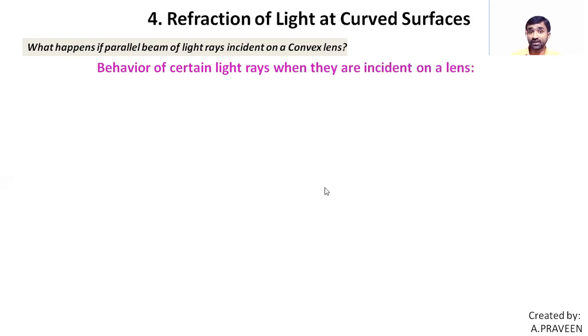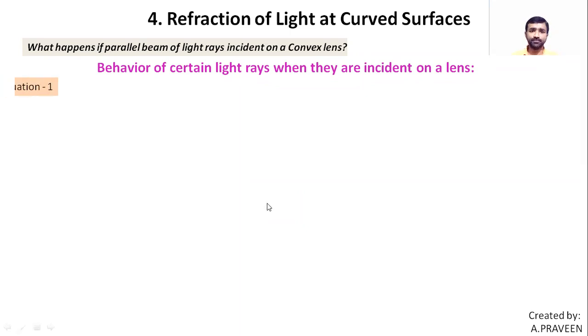We can select certain light rays: parallel to the principal axis, along the principal axis, passing through the optic center, passing through the focus. These help us draw ray diagrams easily by knowing the behavior of light rays after refraction.